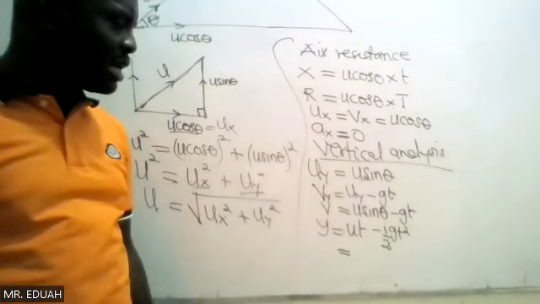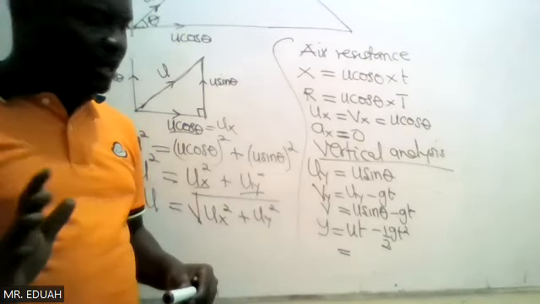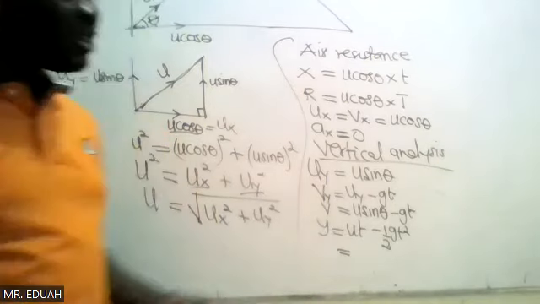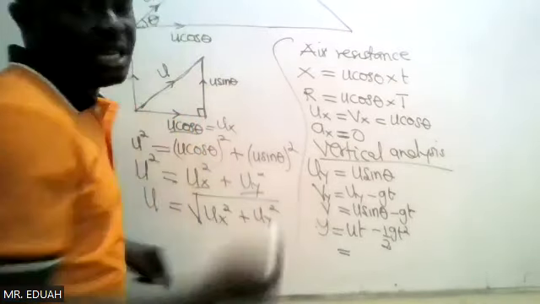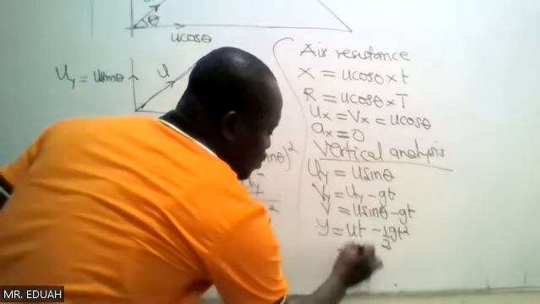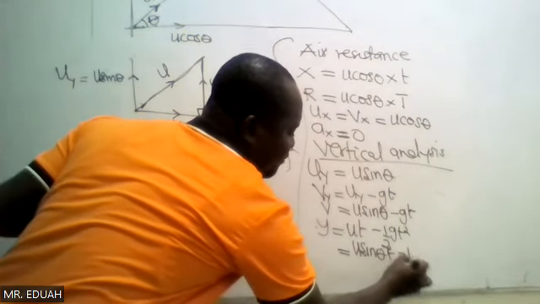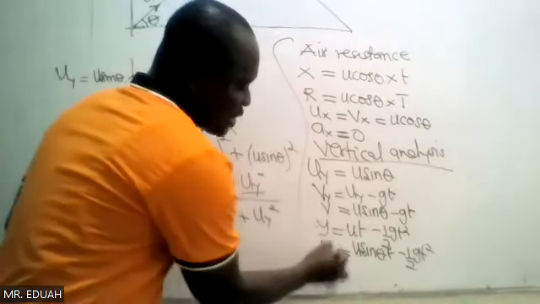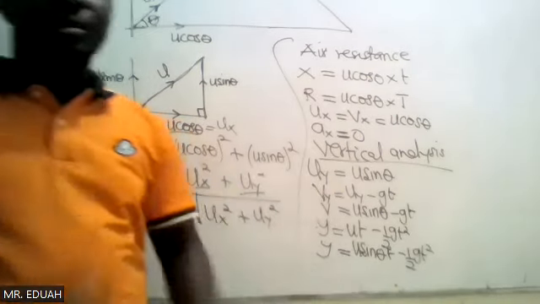If it is horizontal, you either see x or range. Please take note of this representation. So y or h indicates that we are looking at anything vertical. So y equals u sin theta t minus half gt squared. And this is the expression for the vertical displacement after any time t.